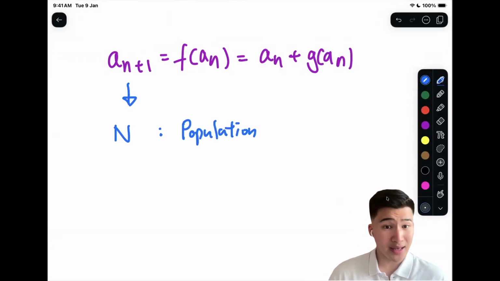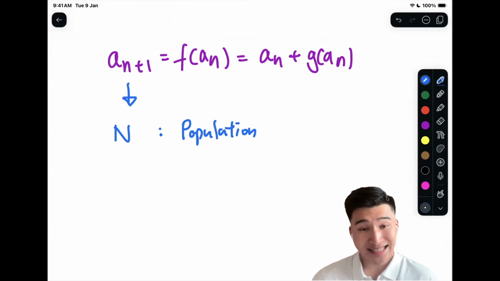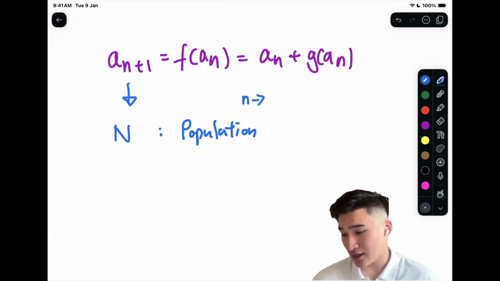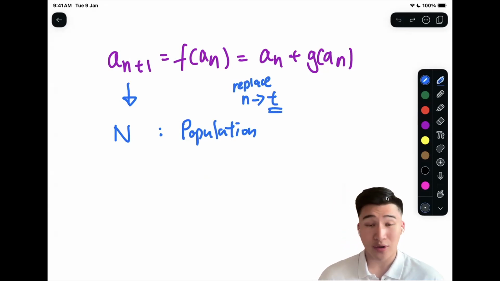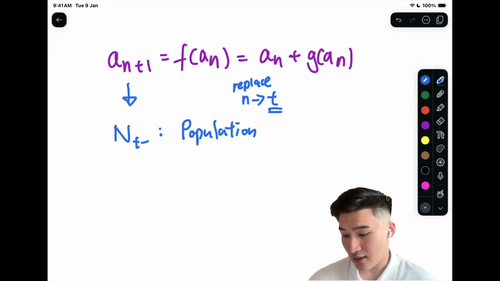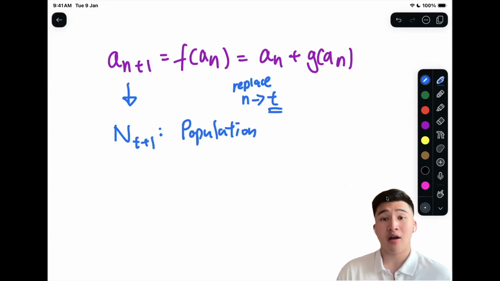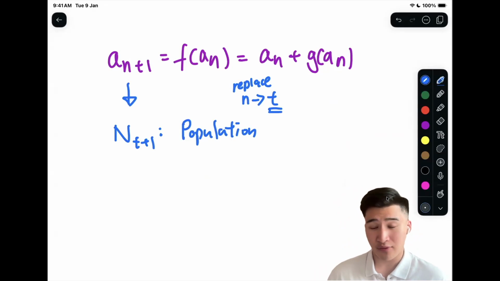And instead of n, we would actually use t, which represents time, as we mentioned, discrete time model, right? So replace n with t. So not a_(n+1) anymore, we use N_(t+1). And that gives us the population of the next term, the next population, however you name it.